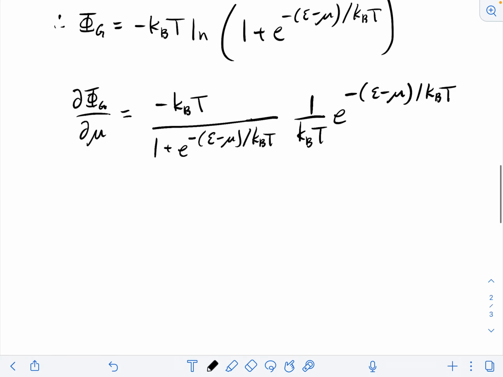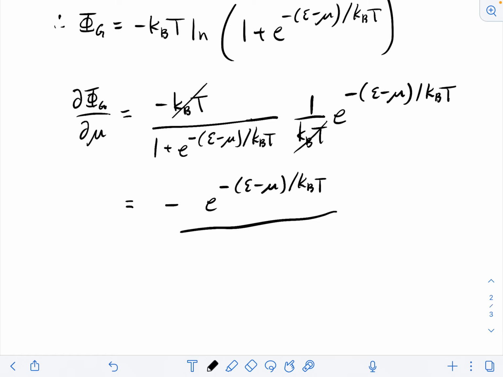The kBT factors cancel, and we end up with a minus e to the minus (epsilon minus mu) over kBT, over 1 plus e to the minus (epsilon minus mu) over kBT.